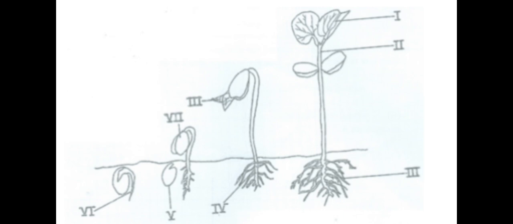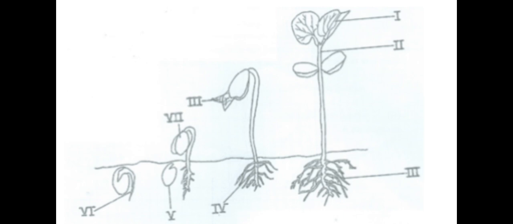Now the part labeled I is the leaf vein. The leaf vein conducts water, mineral salts, or manufactured food. That's its function. And the part labeled II is the epicotyl, and this epicotyl supports the leaves. It carries water or food throughout the plant.